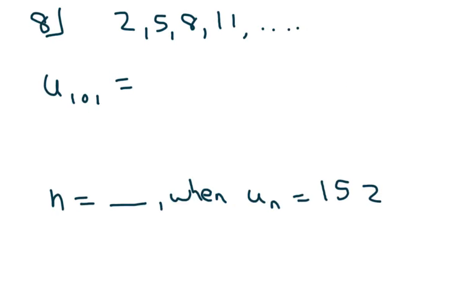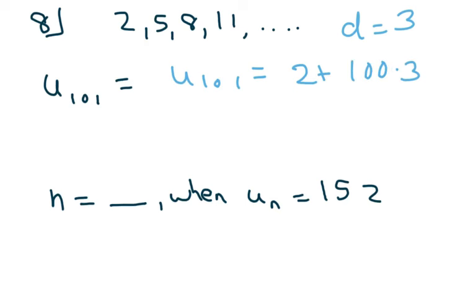Okay, one more. Here's our pattern. Our d is 3, and we want to find the 100th term. So a sub 100 equals my first term, which is 2, plus 99 times 3. So that's going to be equal to 299.